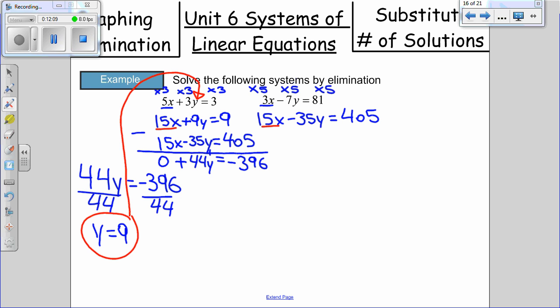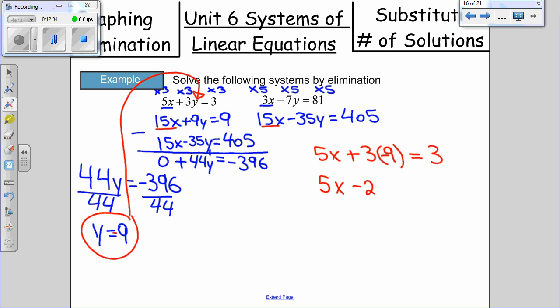So that gives me 5x plus 3, and instead of y, I'm going to put 9. It's negative 9, isn't it? Yeah, sorry, it's negative 9. Negative 9 equals 3. That simplifies to 5x minus 27 equals 3.